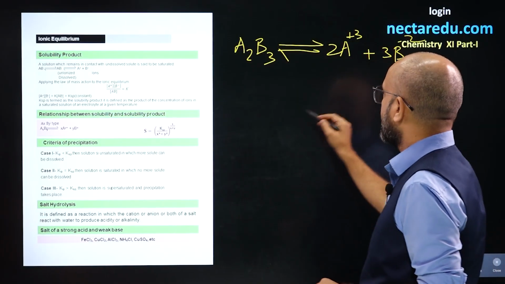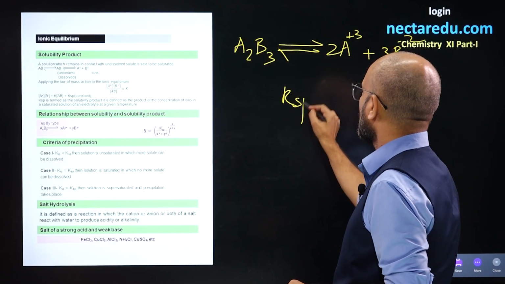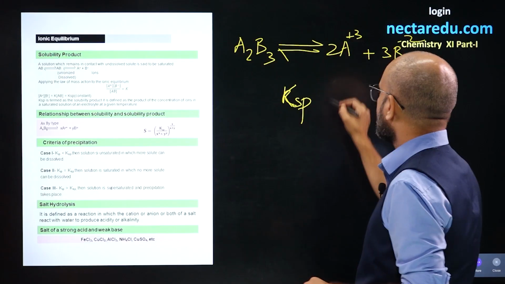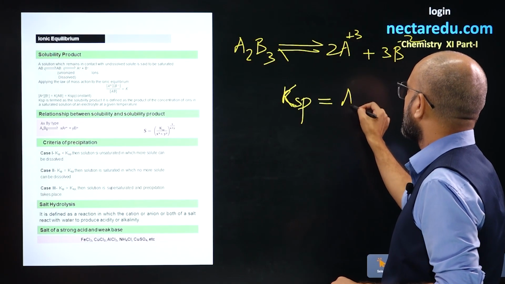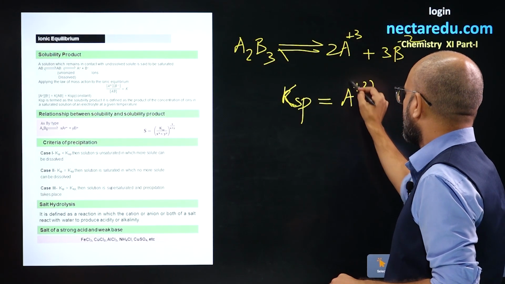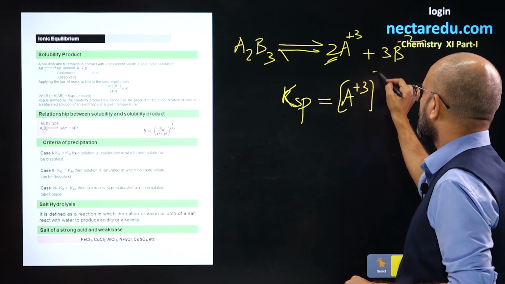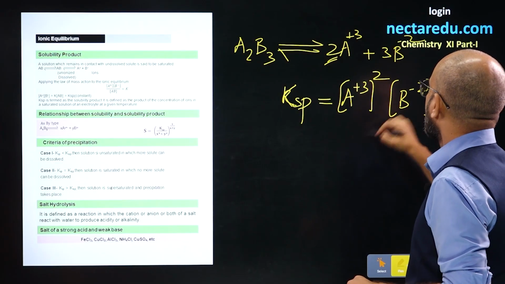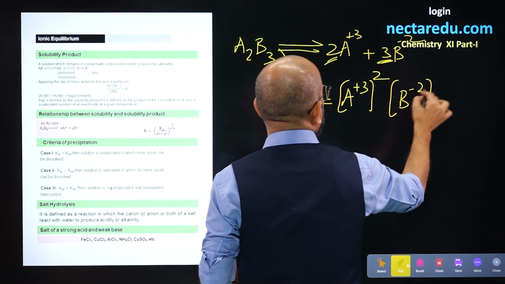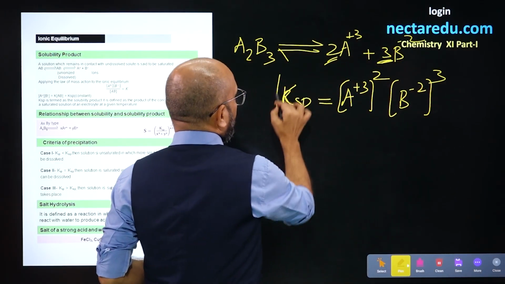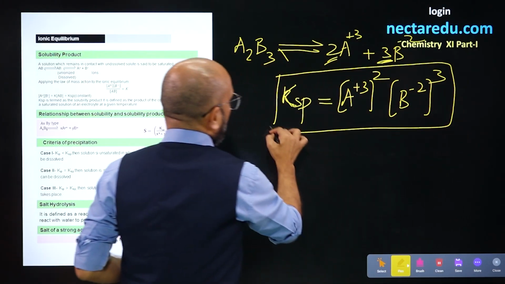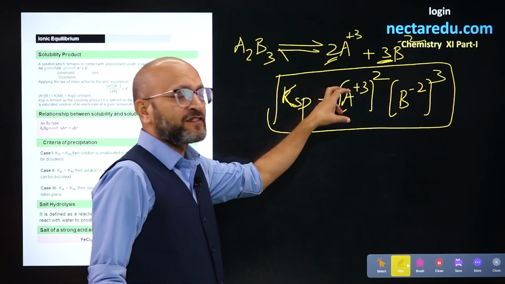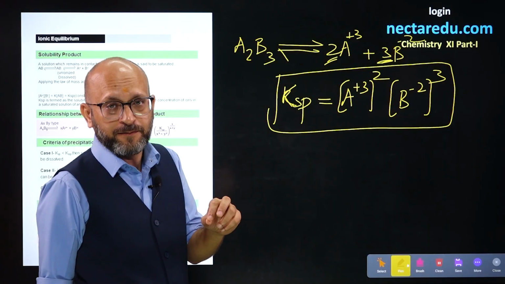Now Ksp, if you want to write in terms of concentration, is written as A3+ raised to the power of its coefficient, that is 2, and B2- raised to the power of its coefficient, that is 3. So this is the formula of solubility product written in terms of concentration of ions at equilibrium.